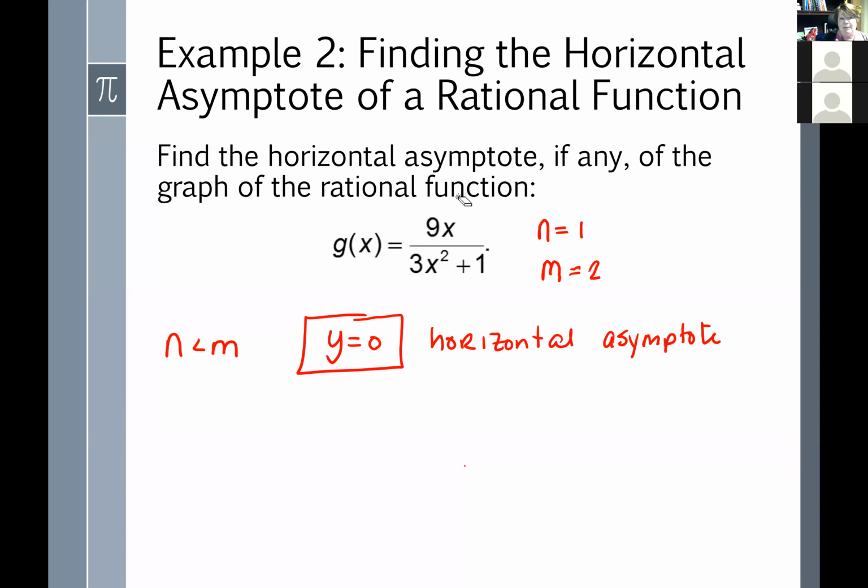And what happens if a denominator gets bigger and bigger and bigger? The entire fraction, as the denominator gets larger, approaches 0. So as your denominator gets bigger, your fraction gets closer to 0. So since the numerator's exponent is smaller than the denominator's exponent, the x-axis, y equals 0, is our horizontal asymptote.